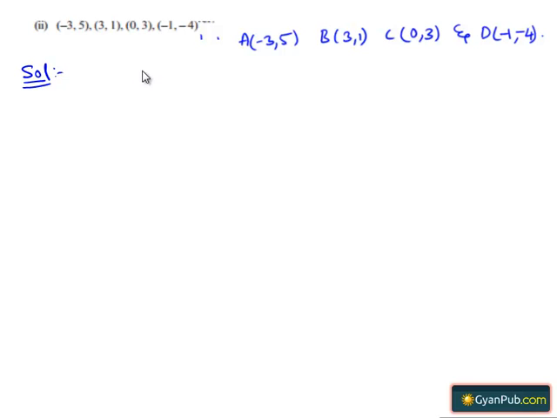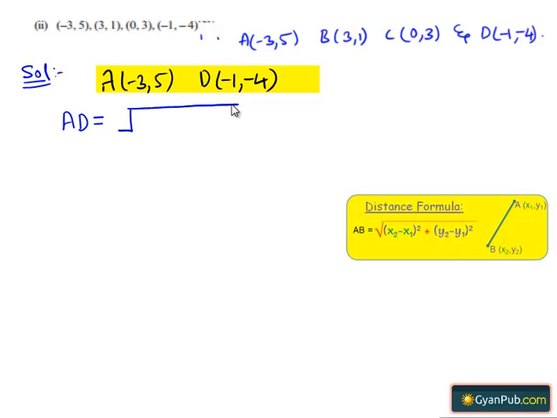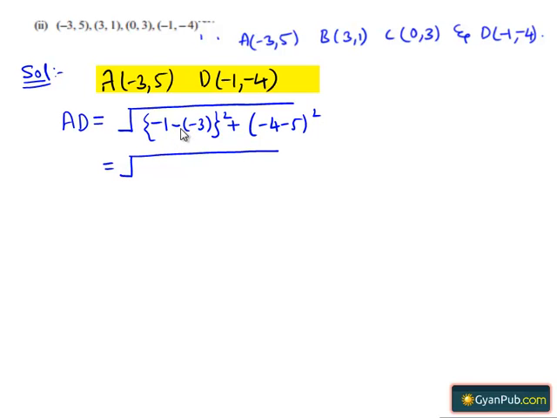Now taking the points A (-3, 5) and D (-1, -4), we get length AD by the distance formula equals under root of (-1 minus of -3) whole square plus (-4 minus 5) whole square, which is equal to under root of (-1 minus of -3) whole square is (-1 plus 3) whole square, which is 2 square, plus (-4 minus 5) whole square is (-9) square.